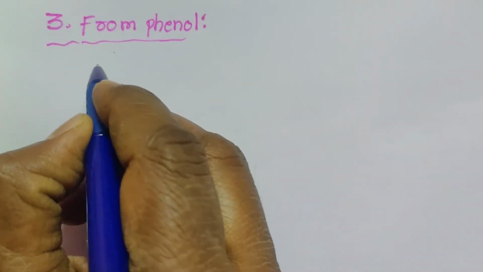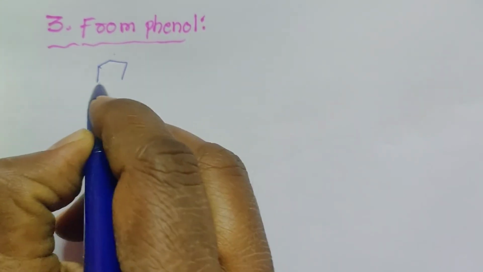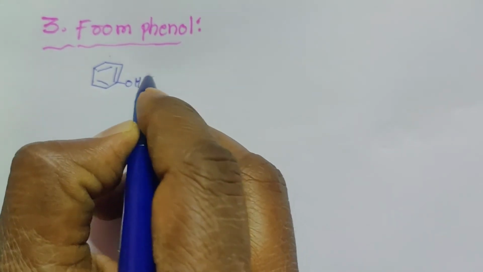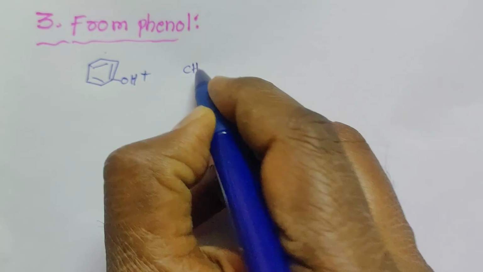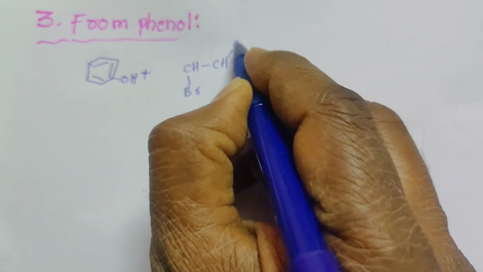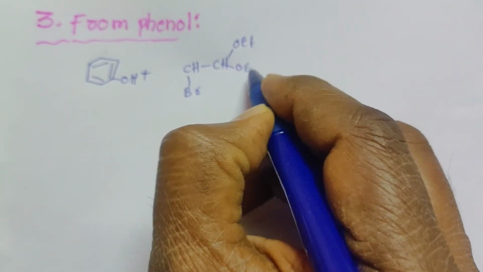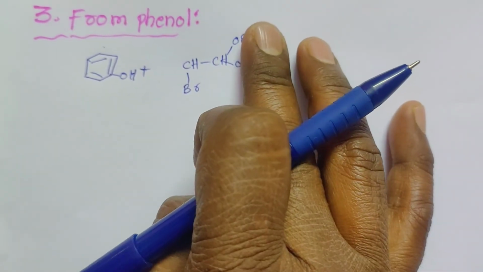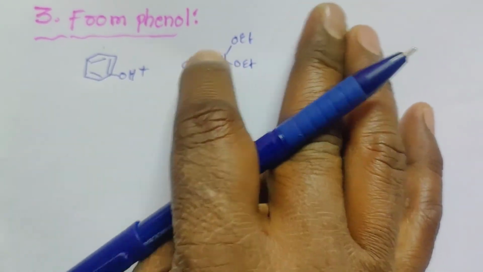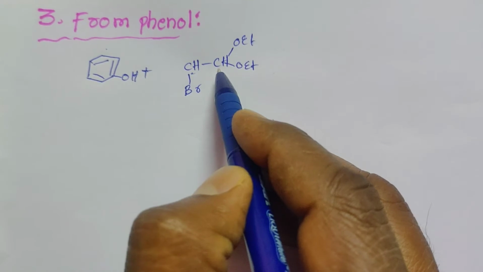Now we go for the third preparation method of the benzofuran, that is by using phenol. We know very well the formula of phenol, that is C6H5OH. So this is the one starting material, and the other starting material is this one. This is the derivative of the aldehyde, bromoacetaldehyde.